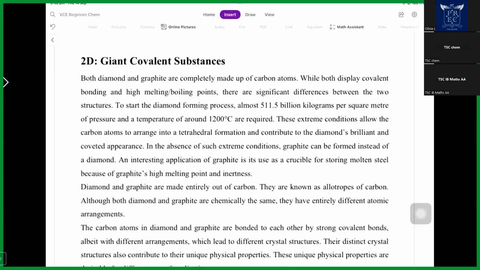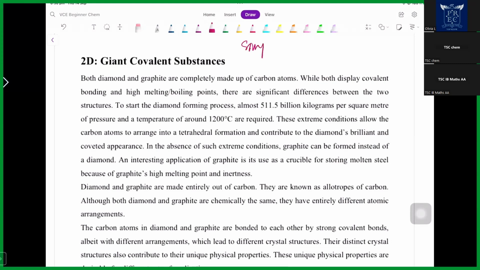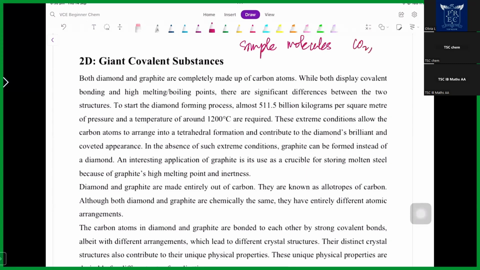But all the covalent substances like H2, water, carbon dioxide form individual molecules. Those covalent compounds with individual molecules are what we call simple molecules, like carbon dioxide, water, H2, Cl2, HCl. All these are called simple molecules.